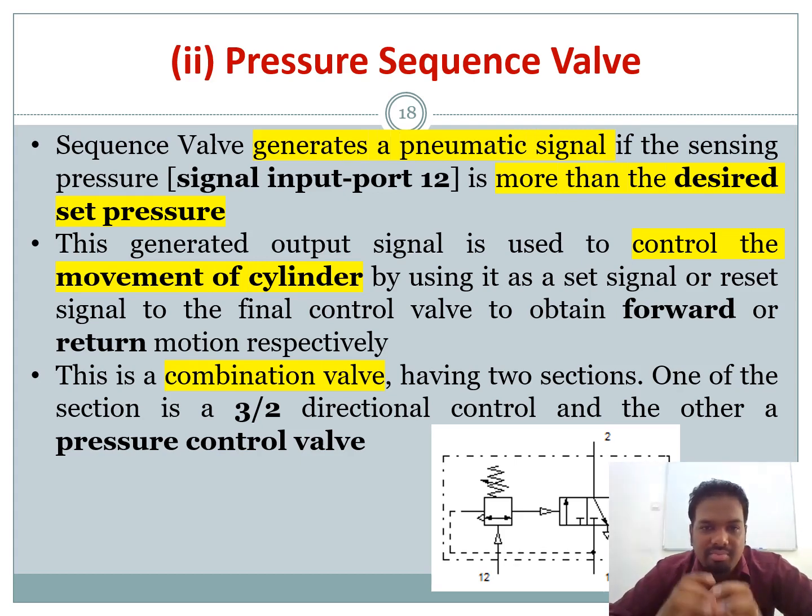If the input air pressure is 7 bar, meaning you have 2 bars excess, this pressure sequence valve will give a signal to your control valve in order to do certain things, whether to release or to expand. So it's considered a combination valve. It has a 3/2 directional control valve and also a pressure control valve. So it's practically acting as a sensor.